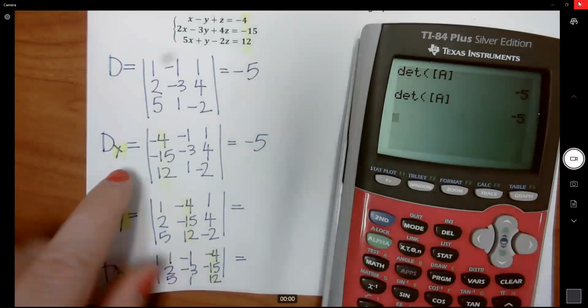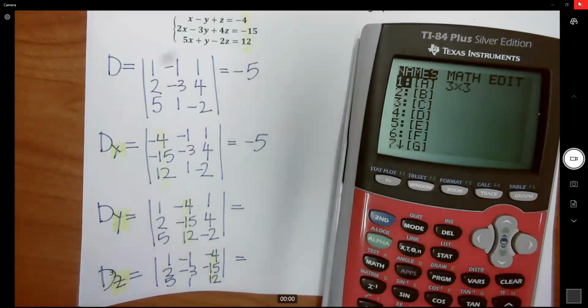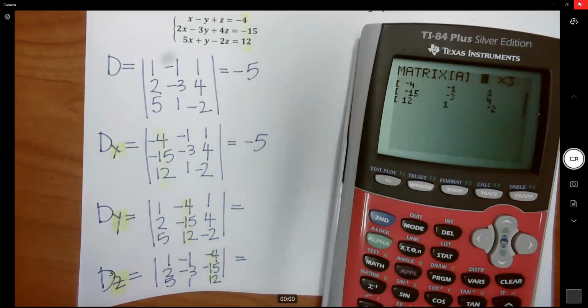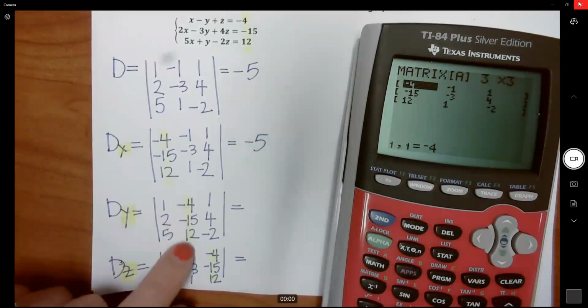So let's edit this again to get our D sub Y. So second matrix, edit over to edit, or arrow over to edit. And now I need to change my first column back and change my middle column.